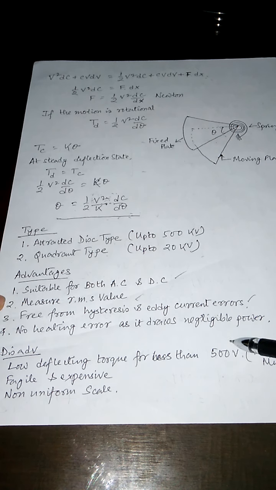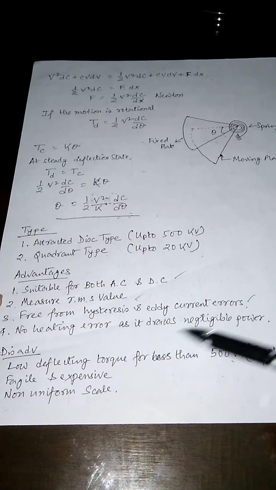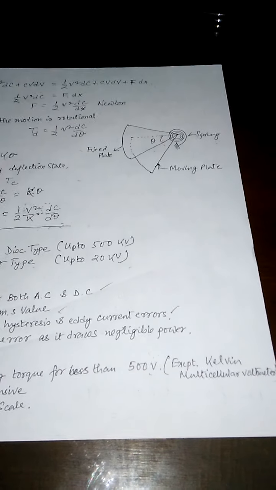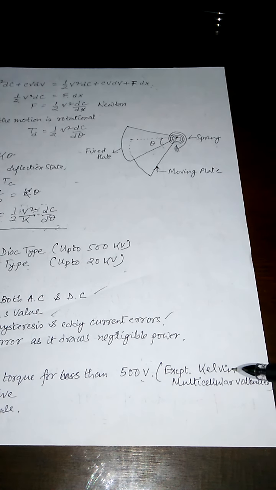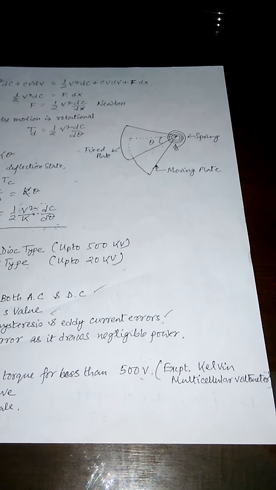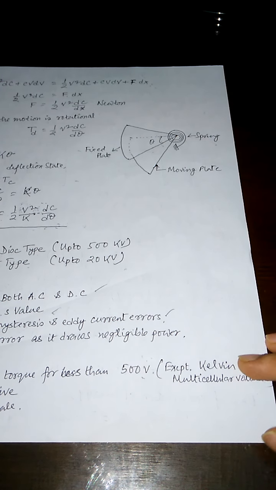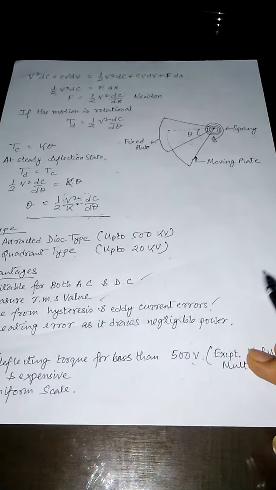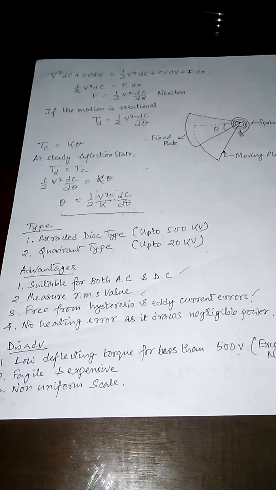But there is an exception, the Kelvin multicellular voltmeter, which we will discuss later. This type of voltmeter can sense from 30 volt onwards. The other electrostatic instruments cannot operate nicely below 500 volt.